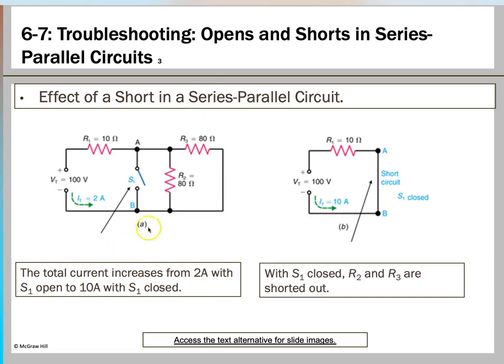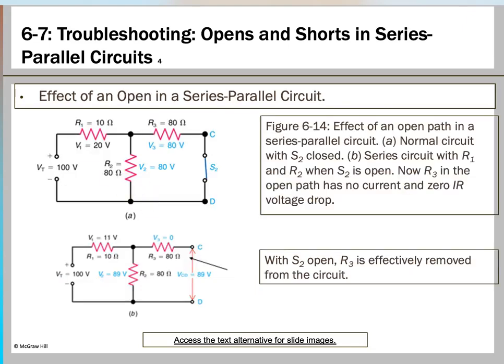It will have 2 amps when S1 is open, because the current will flow through these other branches as well. But when S1 is closed, you will have more current because of zero resistance. That's why you see 2 amps in this circuit, and in this circuit the increased current of 10 amps. And with S1 closed, R2 and R3 will be shorted out.